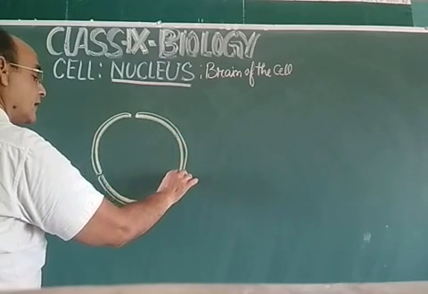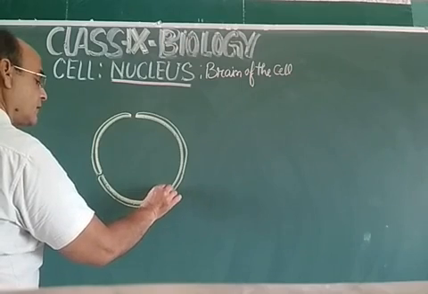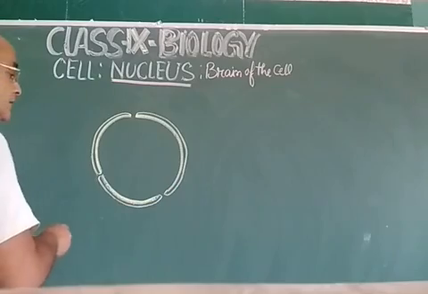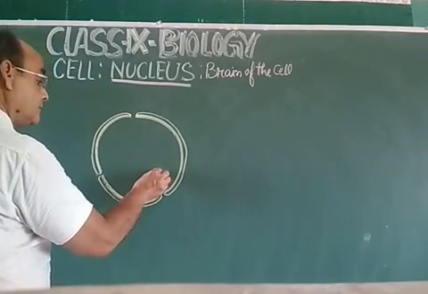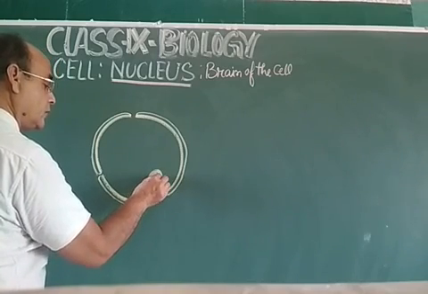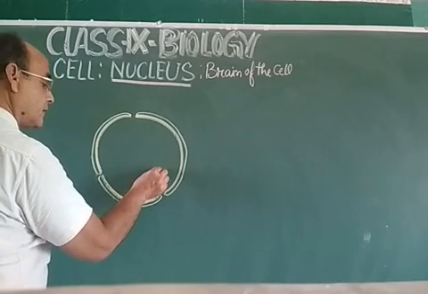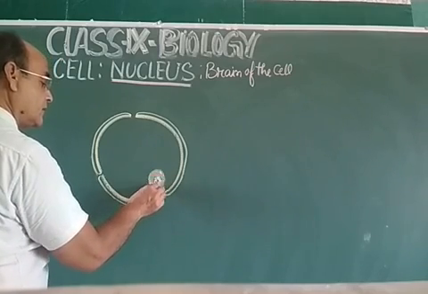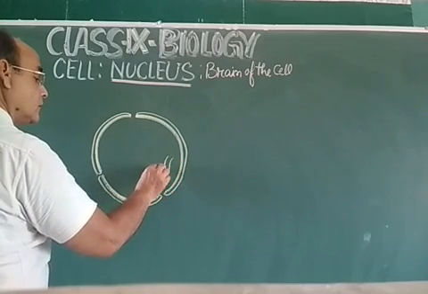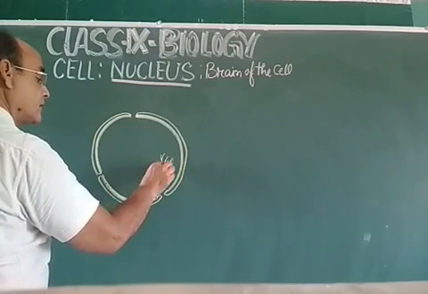When you see the hen egg, you will find that the color of the nucleus is yellow, and inside it there is a nucleolus. This is the nucleolus, which is responsible for producing new chromatin threads.